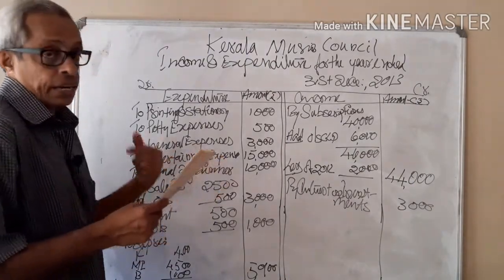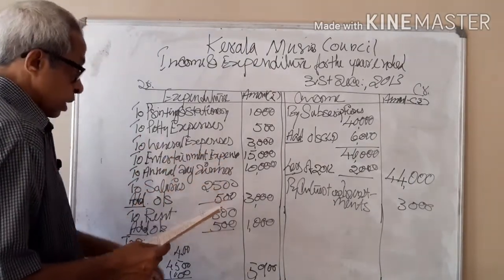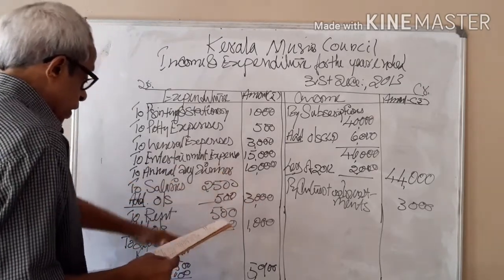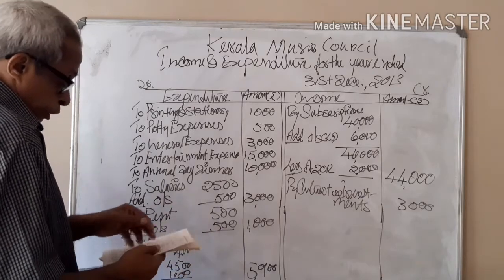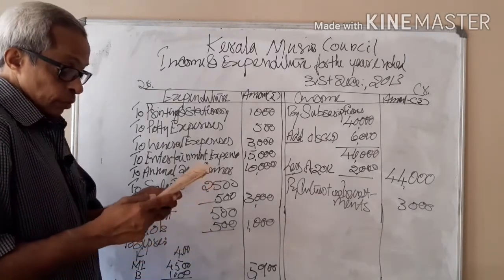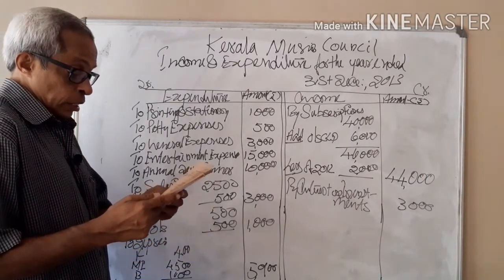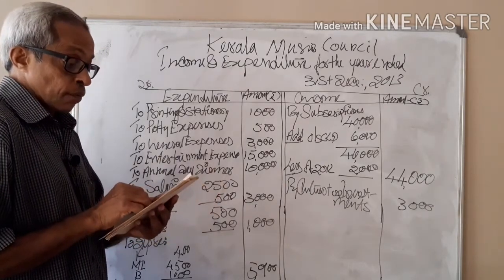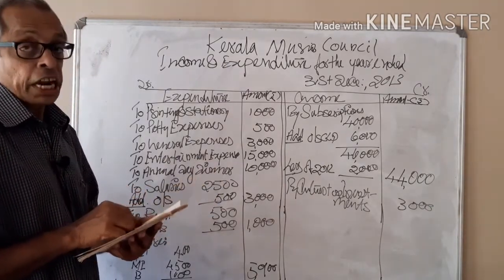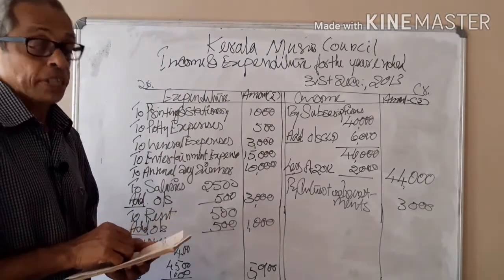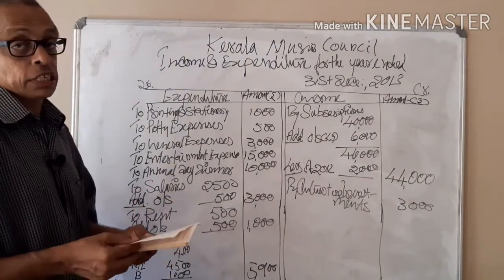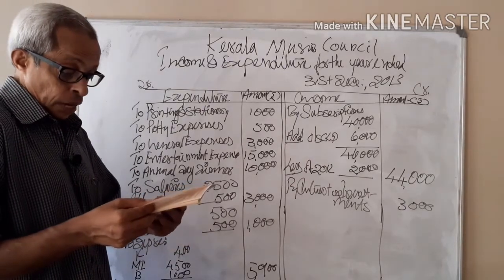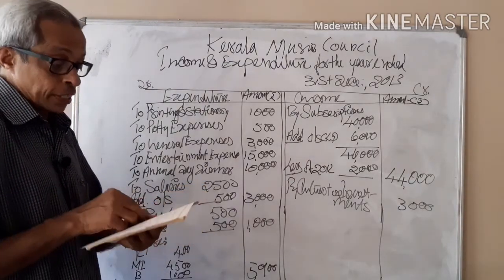Then we add the rent outstanding, and we show the depreciation of furniture. Furniture is 8,000, and depreciation is 5% of 8,000. Then musical instruments, the rate of depreciation is 10%.